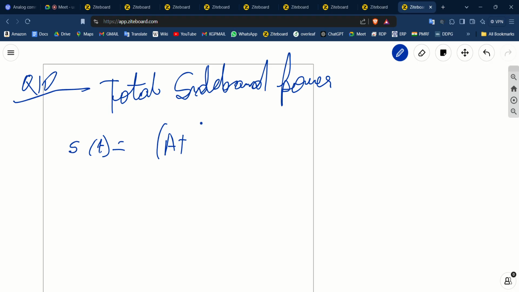So here we have St equal to A plus Xt or A plus Mt into cos omega Ct.